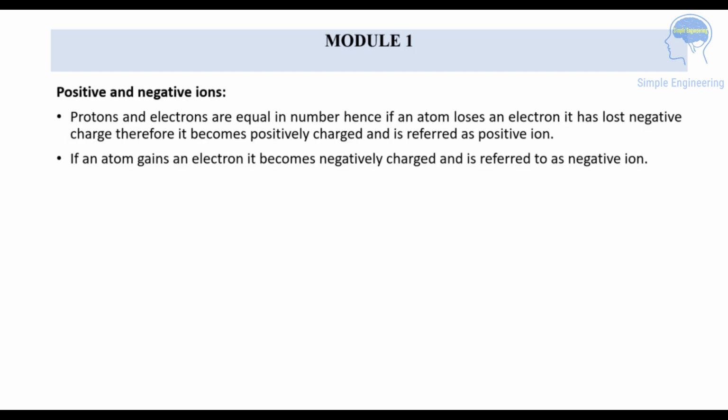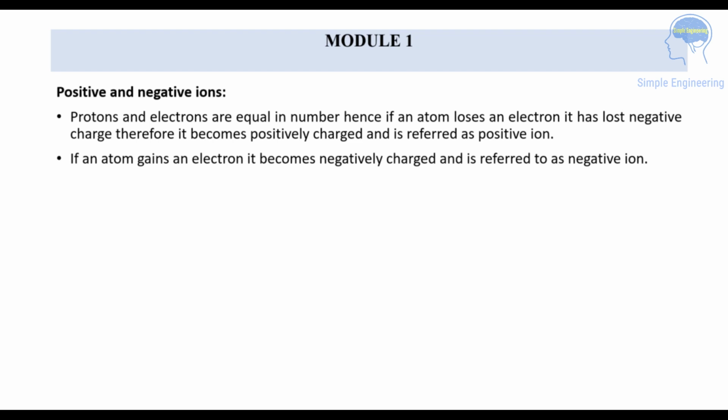Now, positive and negative ions. Protons and electrons are equal in number. Hence, if an atom loses an electron, it has lost negative charge. Therefore, it becomes positively charged and is referred to as a positive ion. If an atom gains an electron, for example if the outermost shell has only 7 electrons, it needs 1 more electron to complete the octet.